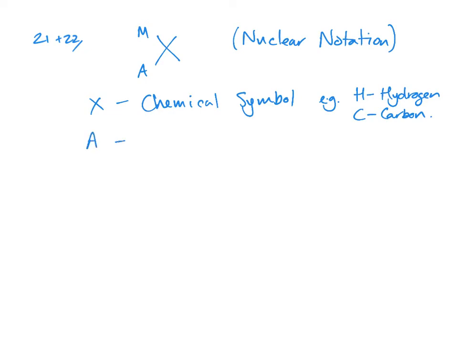A is the atomic number. We'll write it at the bottom, though you sometimes see it written at the top. The atomic number is always smaller than the mass number, or at the very worst, equal to it.